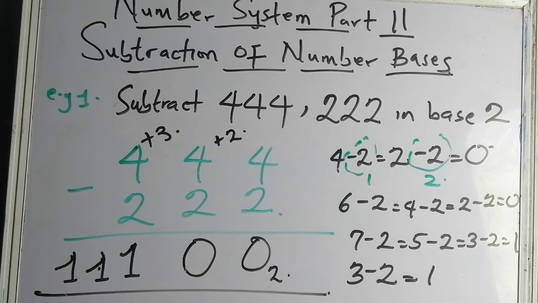So if you're working with base 2, the number must be between 0 and 1. Don't forget I mentioned that in an earlier part. This shows that we are correct: 11100 in base 2. So that's another example under subtraction.